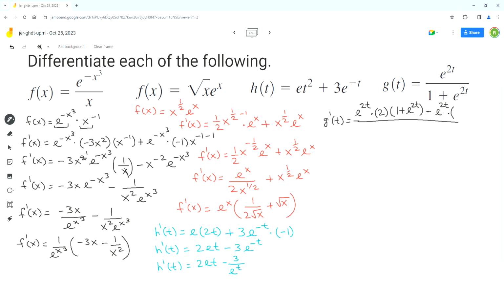Now the derivative of 1 is 0, plus the derivative of e to the power 2t, which is the e term as it is given times the derivative of the exponent 2t, which is just 2, over the square of the denominator.